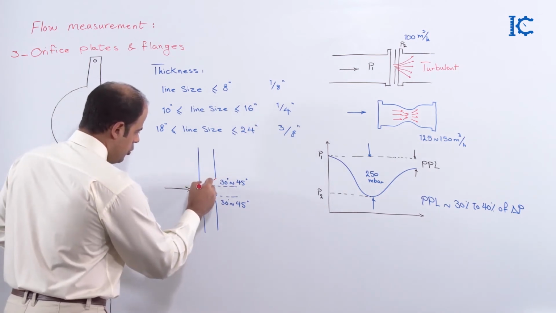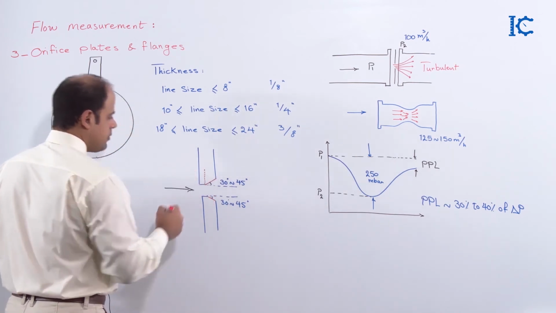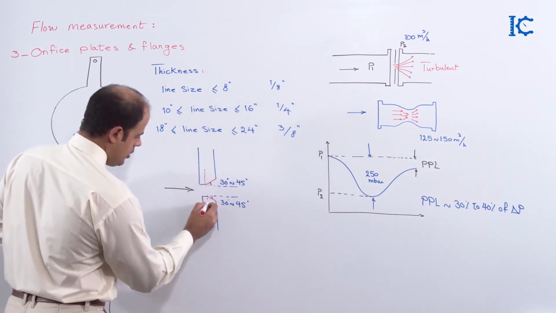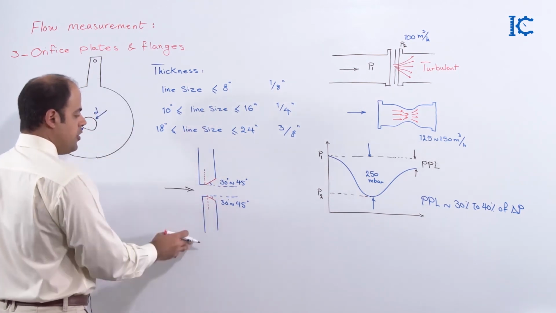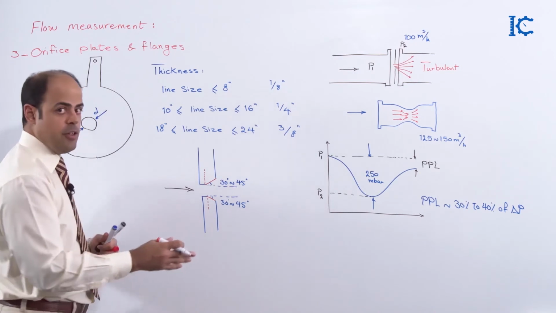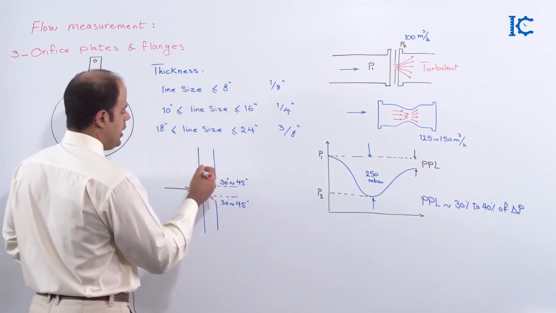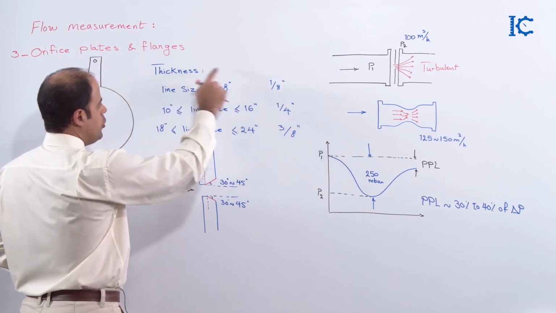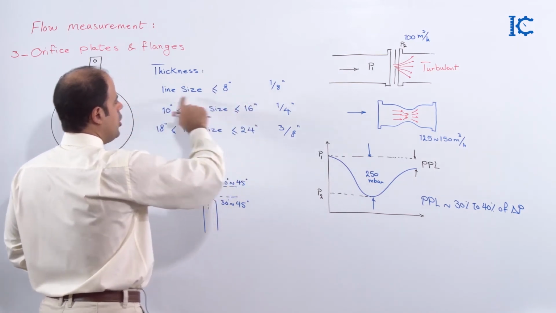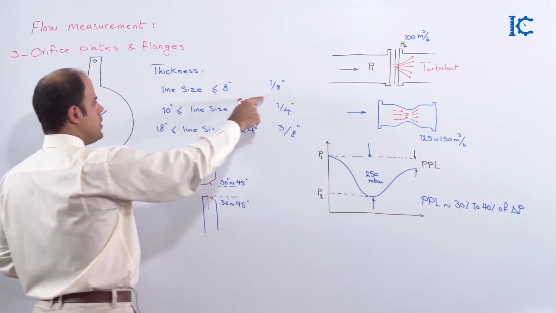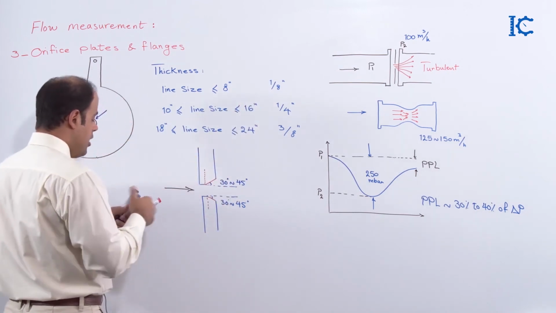I can show you something. Just imagine this orifice is used for a pipe size of 2 inches. Based on what I wrote for you before, the thickness for line size 2 inches must be considered as 1/8 inches.